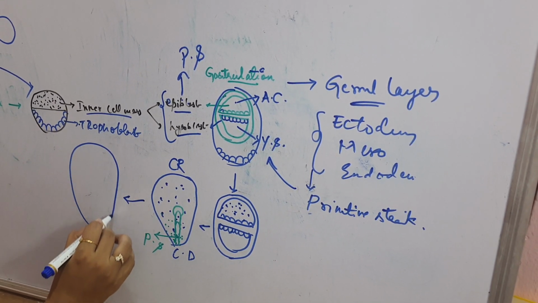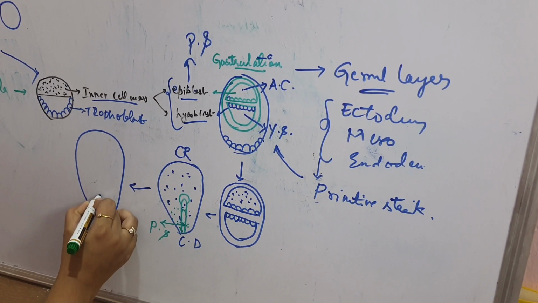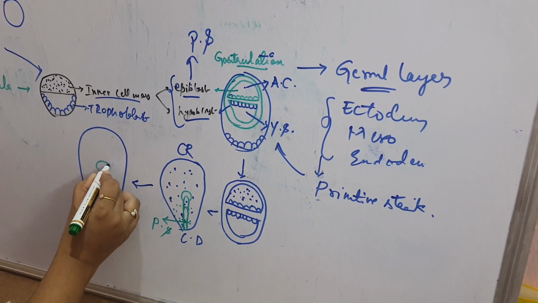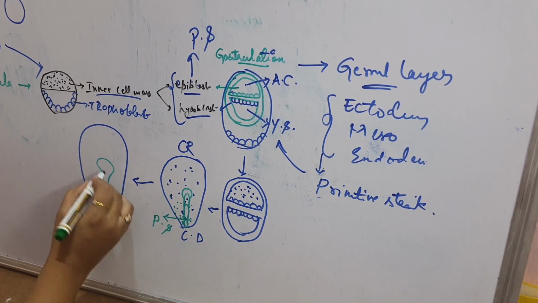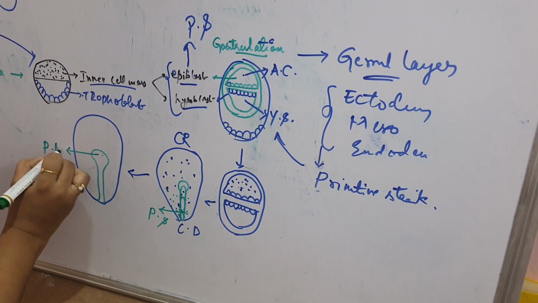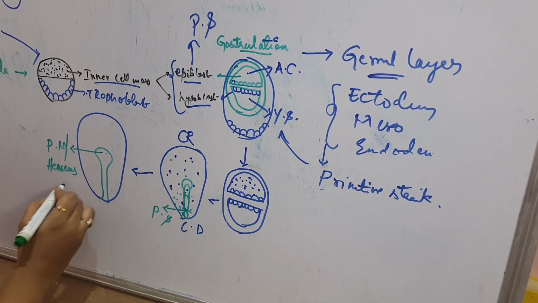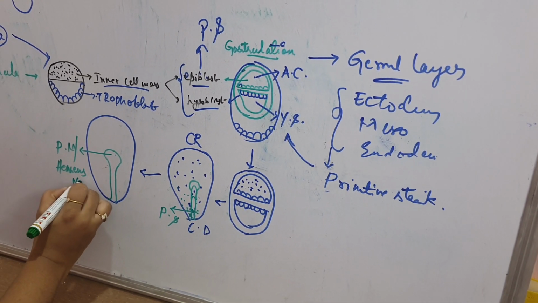Again in this pear shaped structure, this primitive streak will slowly form an elevation or bulge at the cranial part. This bulge is called the primitive node or Hensen's node. What is this called? Primitive node or Hensen's node.